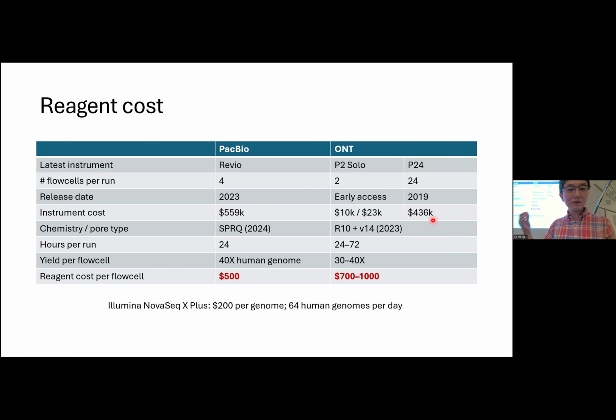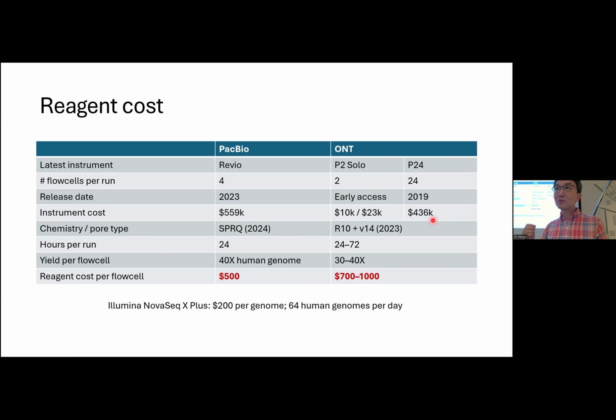And typically per run, remember that each run you can get 4 flow cells with PacBio, and with P2 you get 2 flow cells, and each run takes about a few days, 1 to 3 days, also depending on the amount of the library. And each flow cell gives around 30 to 44 human genomes' worth.